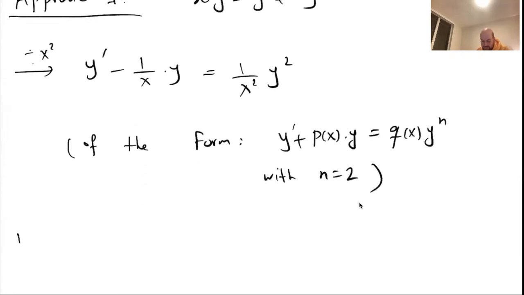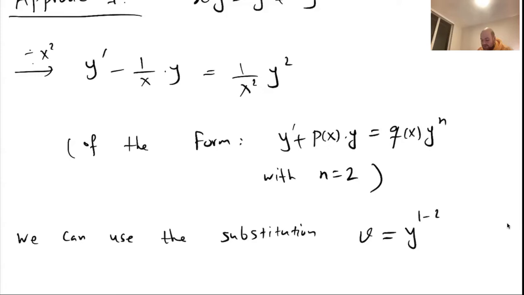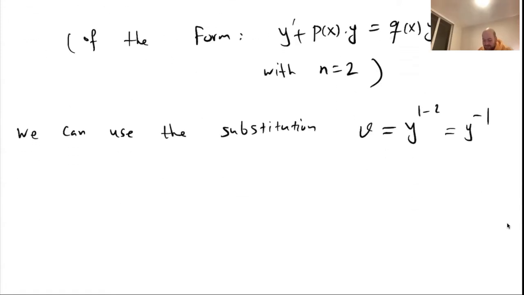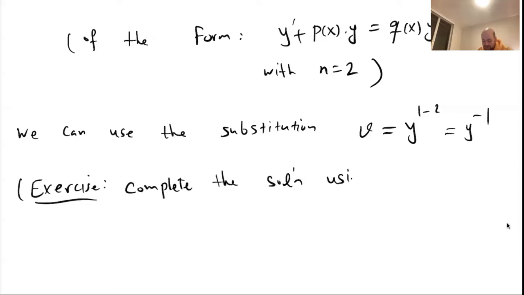So we can use the substitution v equals, if you remember, for solving Bernoulli equation, the proper substitution was v equals y to power 1 minus n. So y to power 1 minus 2, which is y to power minus 1. And now I can give this as an exercise that you can complete the solution using this approach.